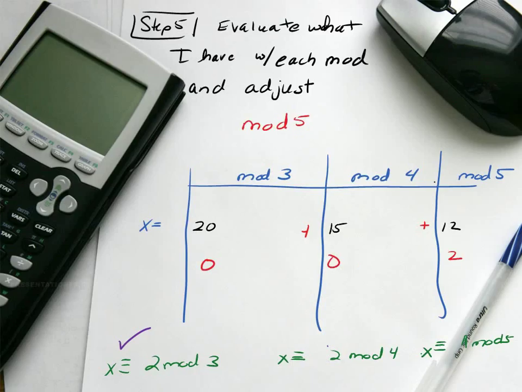But if I go to the last column and do mod 5, 12 mod 5 is 2, because the remainder when I take 12 and divide it by 5 is 2. And the equation I need to satisfy is x is congruent to 1 mod 5. So that's a problem. I need that to be a 1, not a 2, in order to satisfy the last equation.